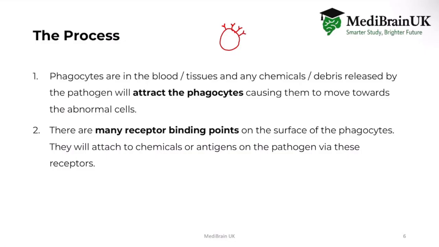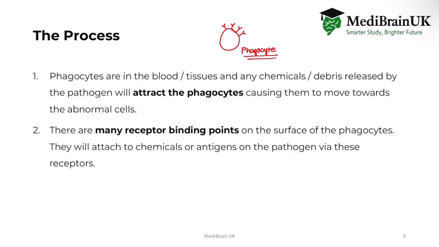There are so many of these receptors that any chemical or antigen, we're going to come on to the definition for antigen, but basically pathogens have a specific antigen that is present on their surface as well, and they have the ability to bind to the receptors on this phagocyte.